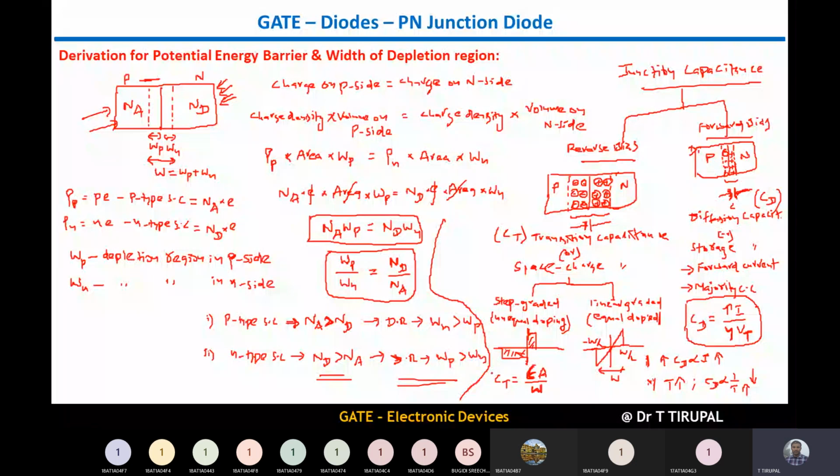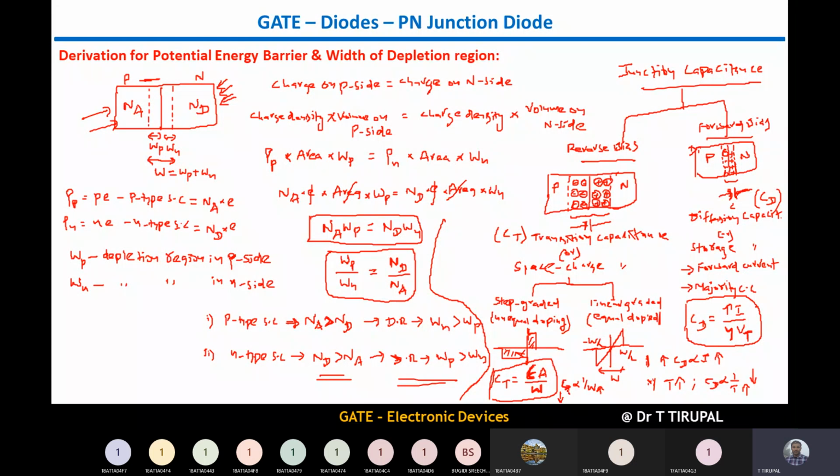Now some points you need to mention here. CT, the transition capacitance, is inversely proportional to the width of the depletion region. So if the width of the depletion region increases, what happens to the transition capacitance? It decreases. If the width of the depletion region decreases, what about the transition capacitance? It increases.